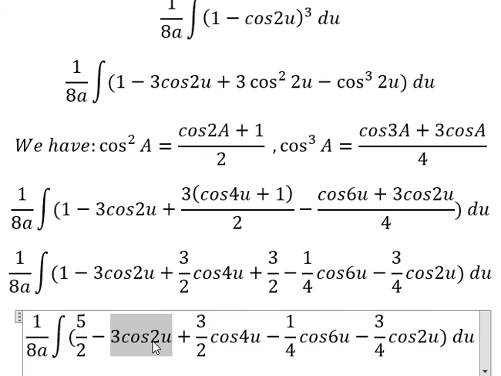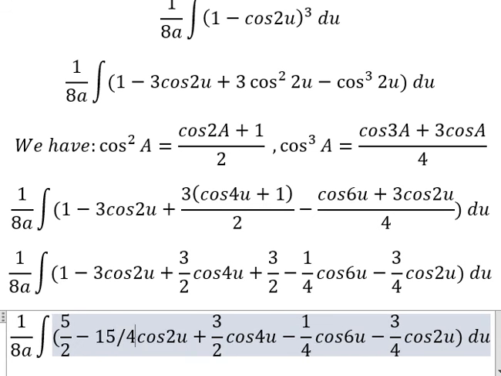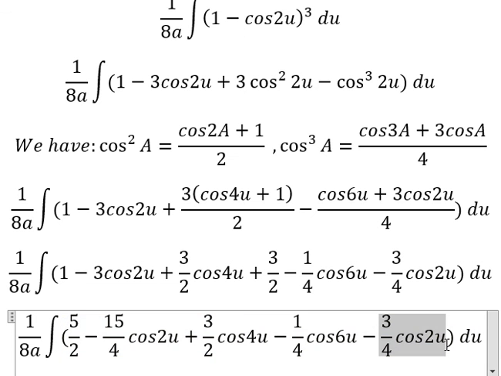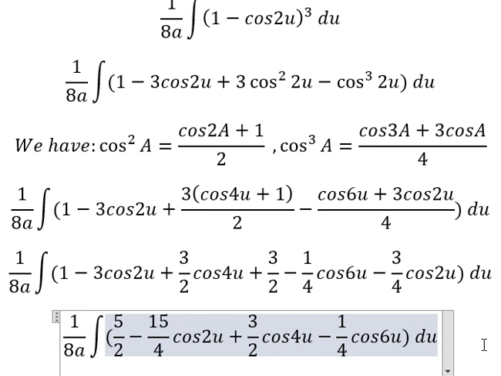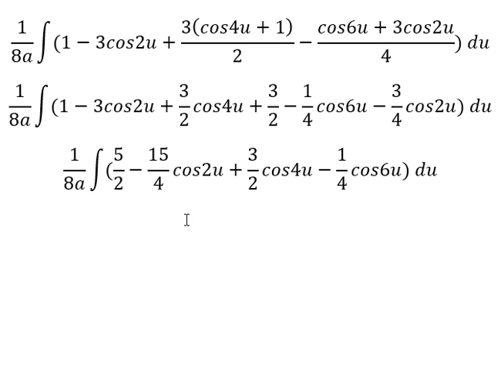This one, negative 3 over 4 times 5, we have negative 15 over 4. And now we need to simplify, and we got the final answer.